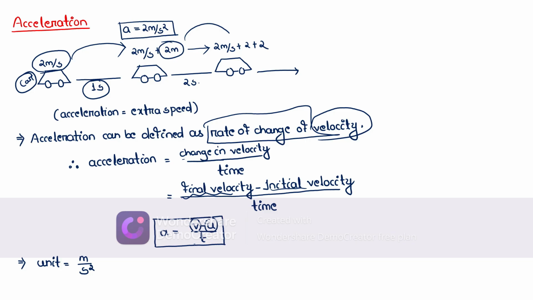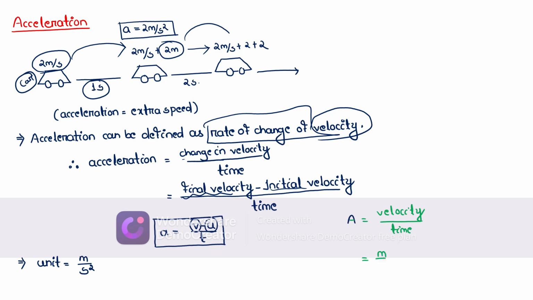Again, as I have told you, you need to remember the units of the term. So what is the unit of acceleration? Let's calculate. Acceleration is velocity divided by time. What is the unit of velocity?